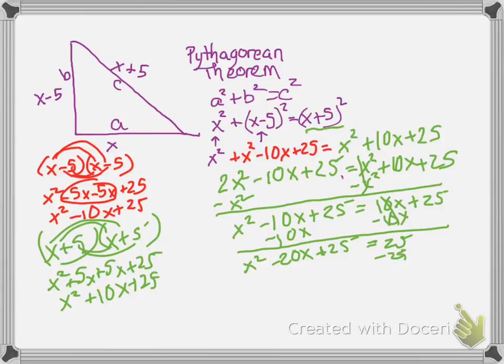I'm going to subtract my 25. This is getting sloppy and squishy, sorry. And I'm going to get x squared minus 20x equals 0. So let me write that on the next page. Oops.